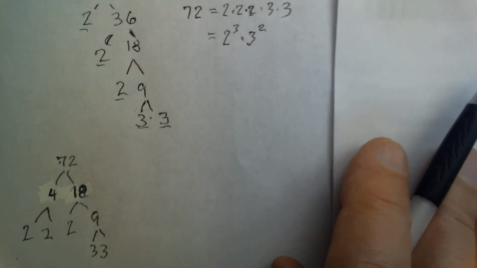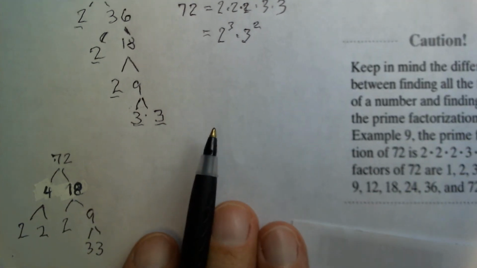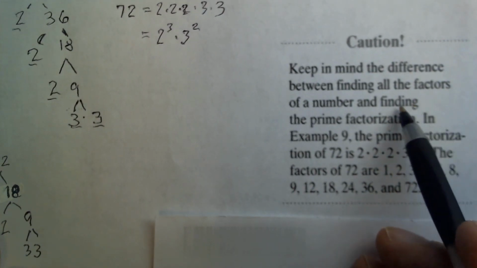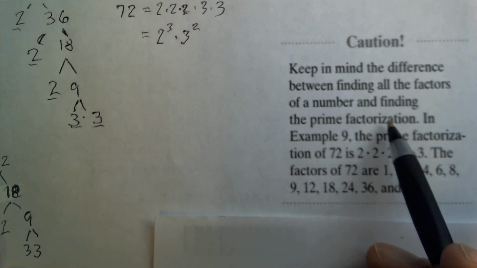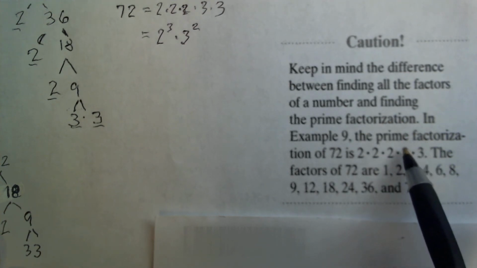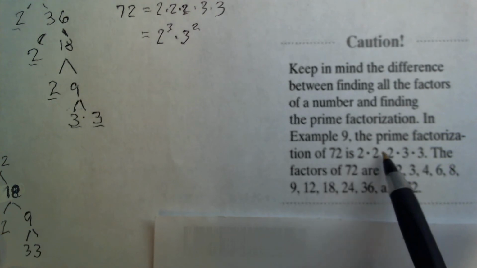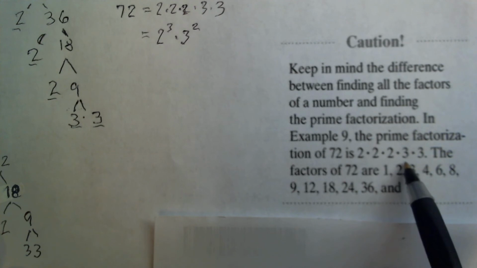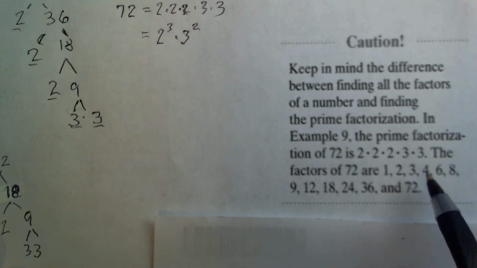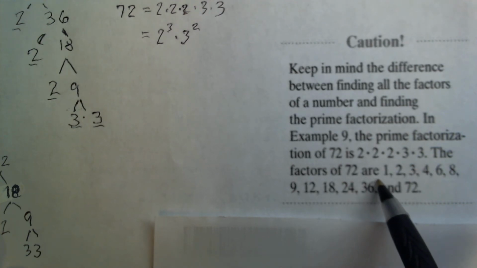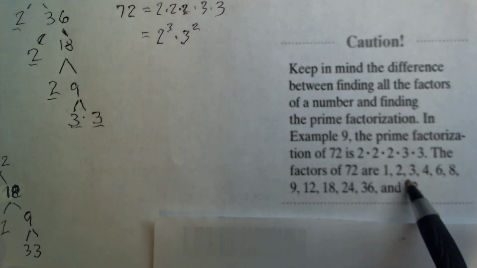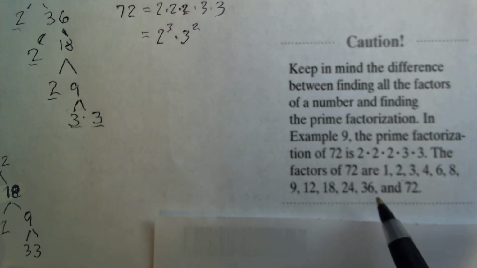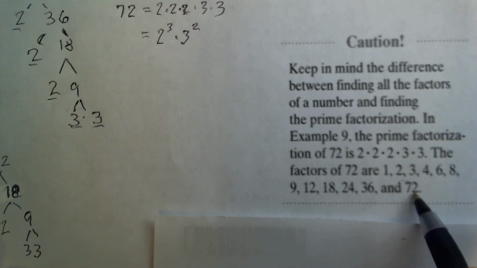And here's a little note of caution. Keep in mind the difference between finding all the factors of a number and finding the prime factorization of a number. For example, the prime factorization of 72 is 2 times 2 times 2 times 3 times 3. On the other hand, the factors of 72 are these: 1, 2, 3, 4, 6, 8, 9, 12, 18, 24, 36, and 72.